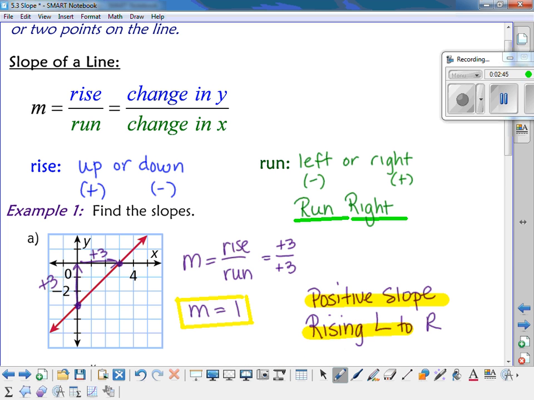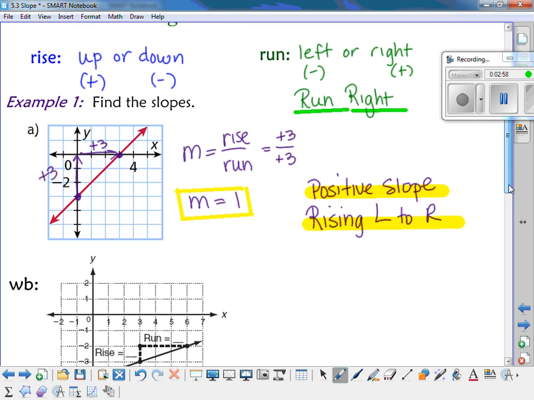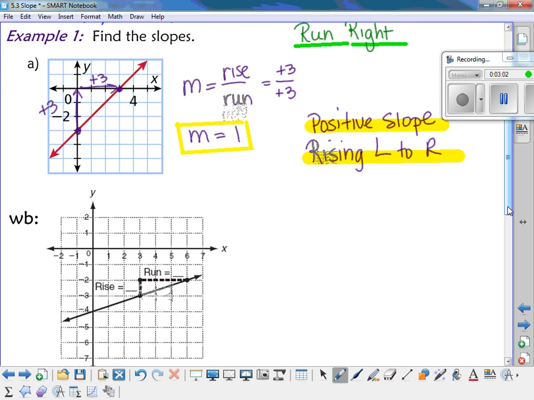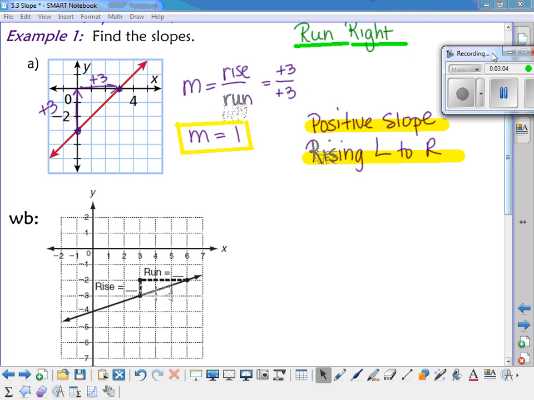Okay, a positive slope is always rising as you go left to right. So after you're done writing that down, I'll have you guys figure out the slope for this one on your whiteboards.